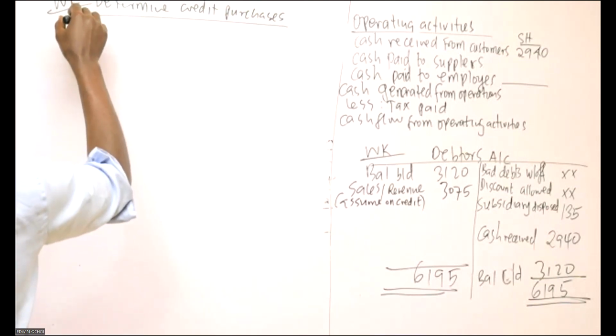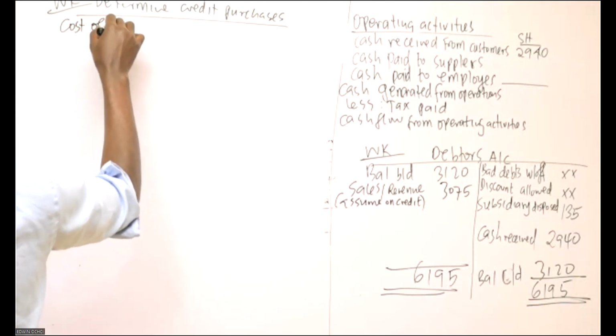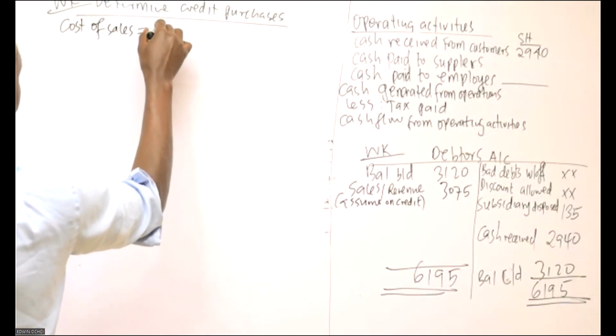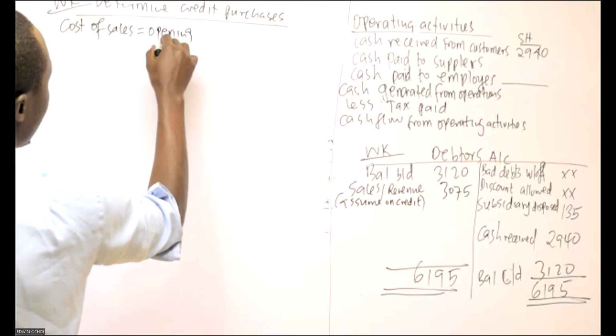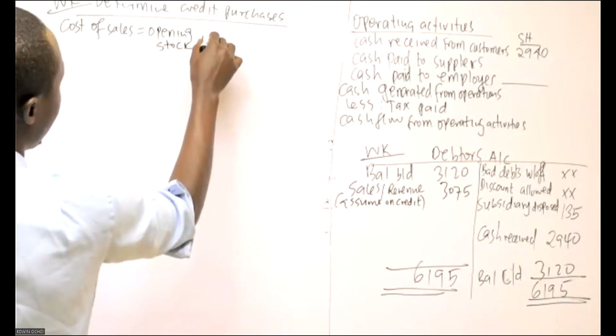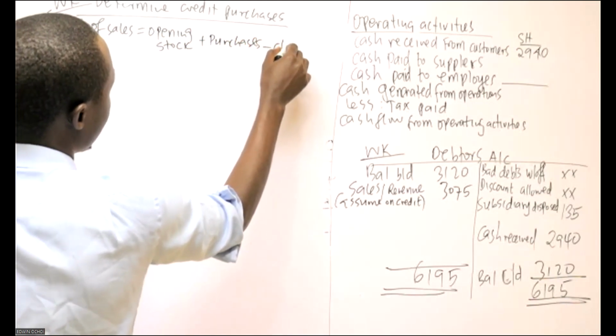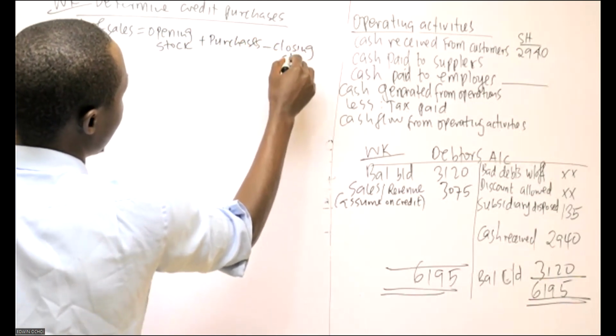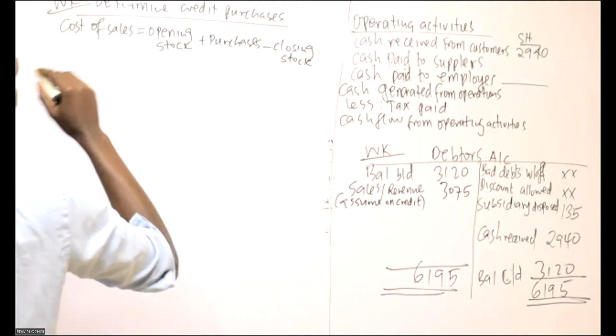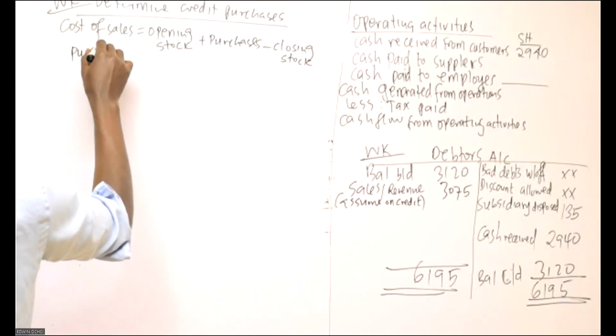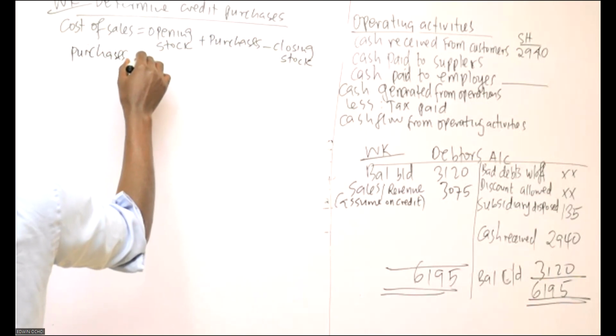So we remember that for you to say cost of sales, we always say cost of sales is equal to opening stock plus purchases minus closing stock. So we need purchases. We make it the subject of the formula.